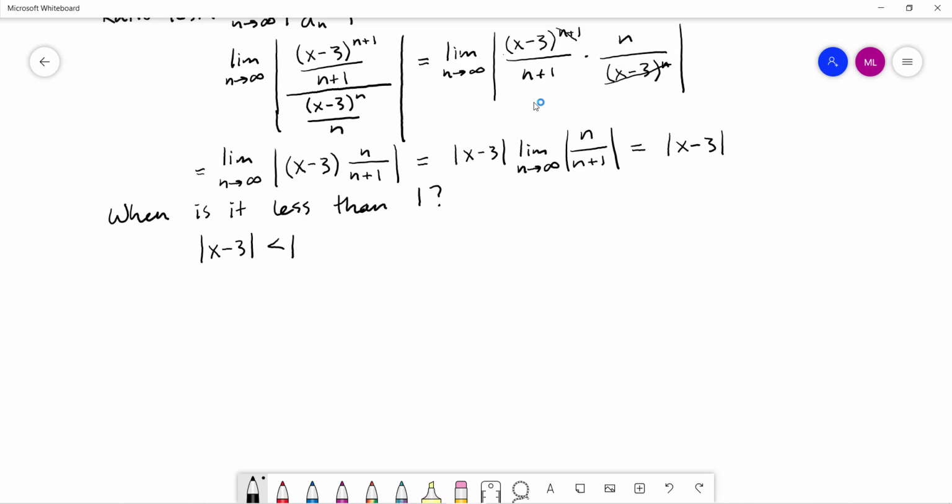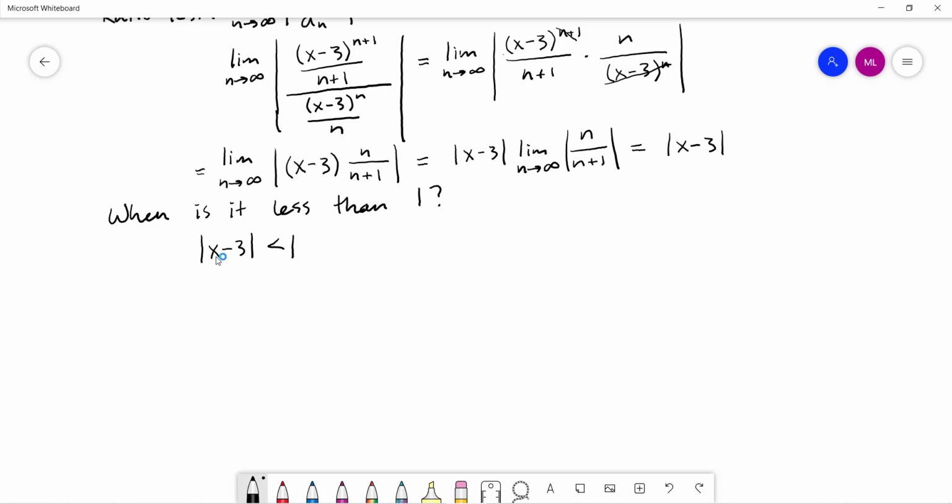And now we can figure out basically how this is all going to work. If you think about the way this is set up, we have this term, which you can think of as being centered at x equals 3, right? When I plug in x equals 3, this whole term will go to 0, which is definitely less than 1.